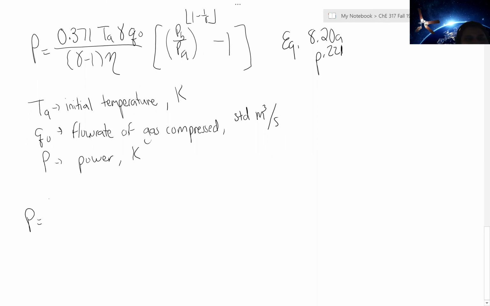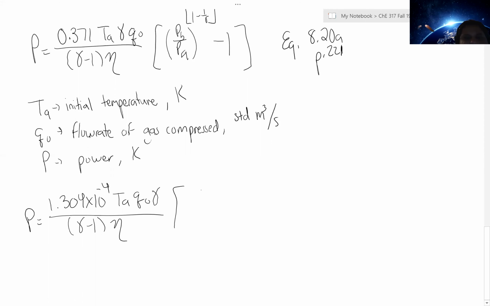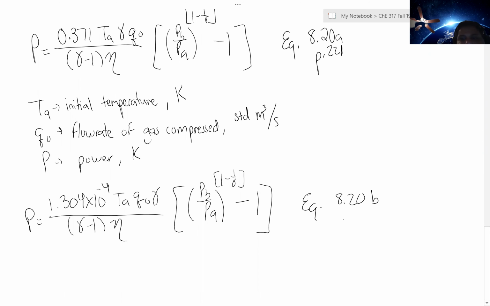The equation changes slightly to 1.304 times 10 to the minus 4 times T_A Q naught times gamma divided by gamma minus 1 times efficiency times P_B over P_A times 1 minus 1 over gamma minus 1. So the only thing that really changes is that constant, this being equation 8.20b on page 221.